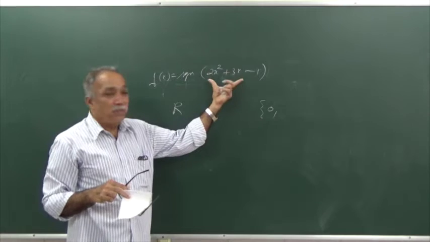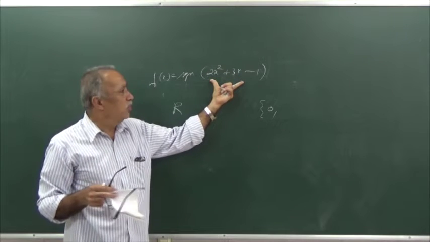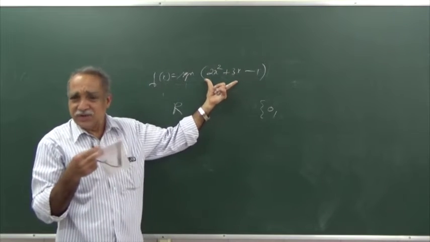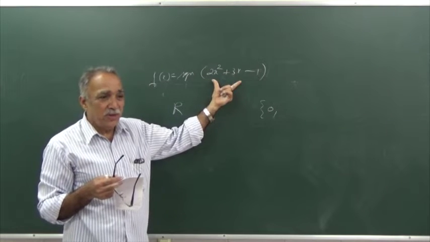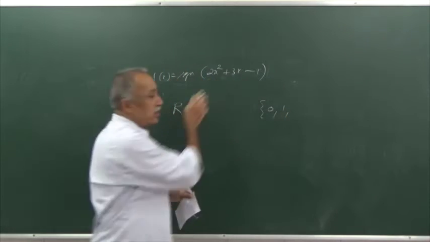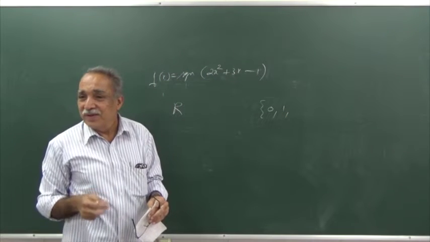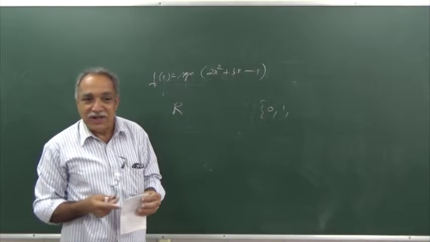Can this expression be positive also? Yes, sample value, say x equal to 5. Choose a sufficiently big number. You find the expression to be a positive number. Signum can be 1 also. Can the expression be negative also? For which value will it be negative?